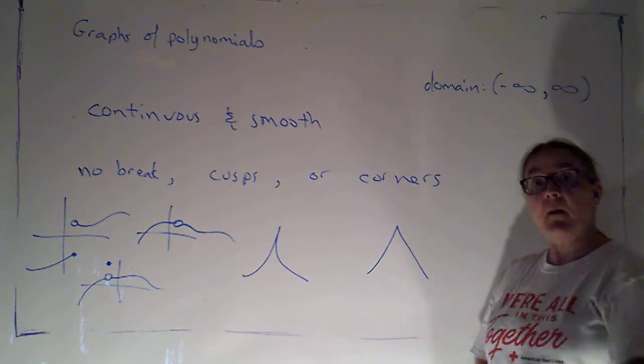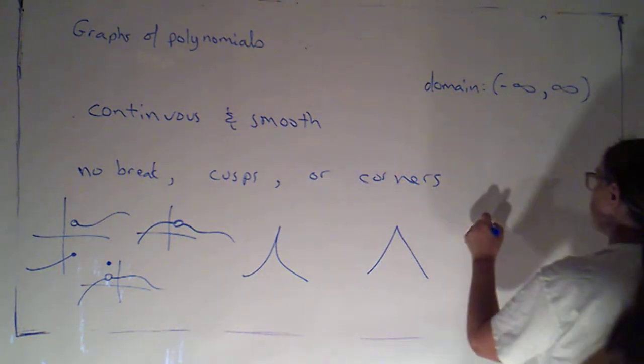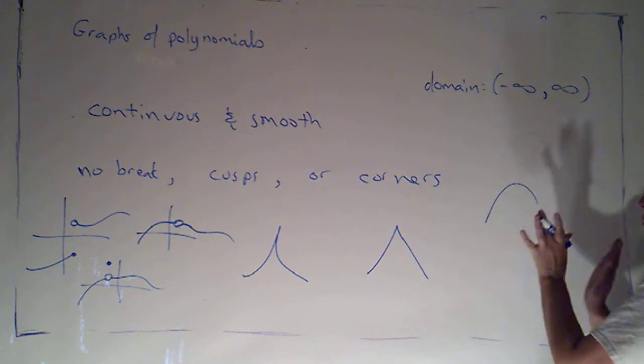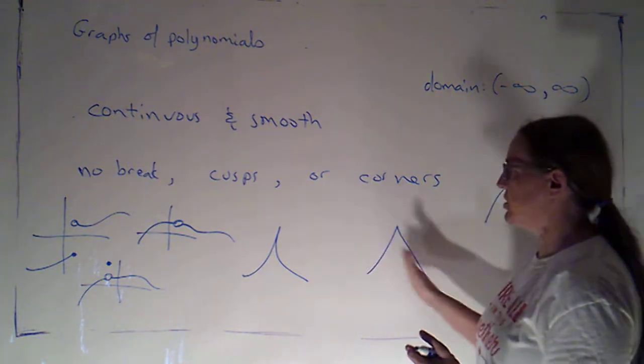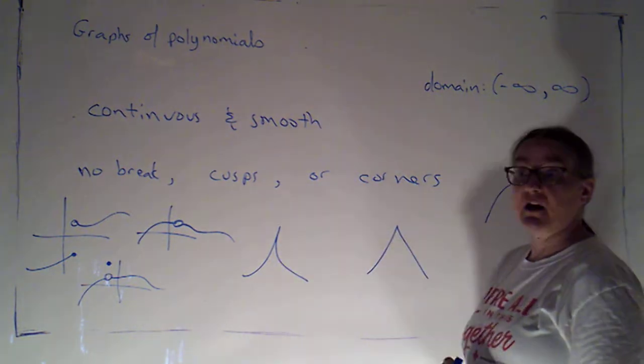So a polynomial might change direction. It might be increasing some places and decreasing other places, but it's always going to do that with a nice, smooth, rounded curve. So we won't see any abrupt changes in the behavior like we see when there's a corner or a cusp.